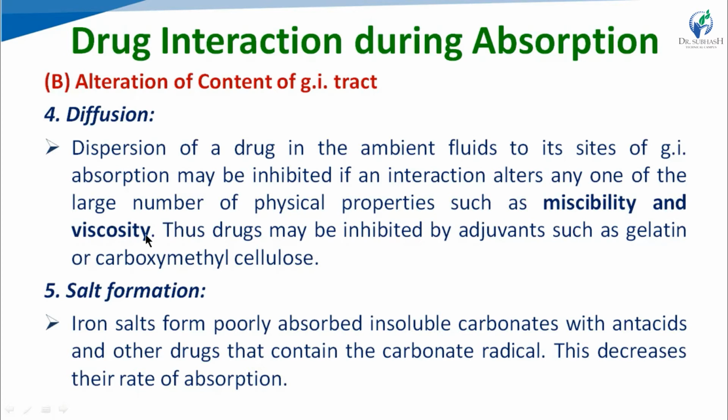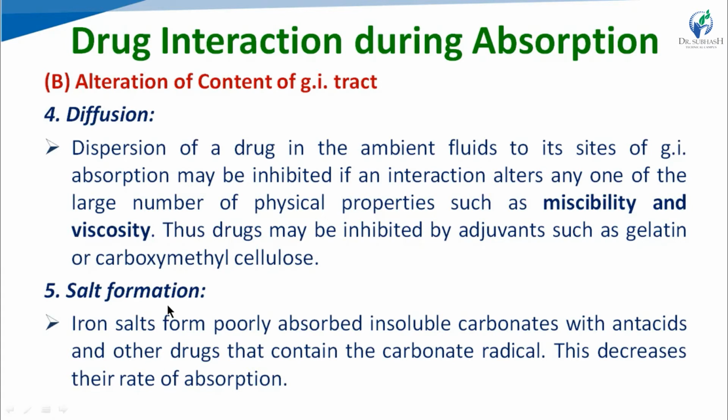So especially, the product will give the proper effect, that means the absorption will be proper, but in certain conditions the miscibility of the drug and the viscosity of the particular environment may be changed due to the effect of some adjuvants, for example gelatin and carboxymethyl cellulose. In such a condition the absorption will be inhibited, and this is also one type of drug interaction we can say.